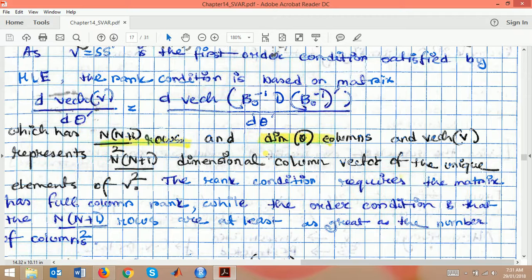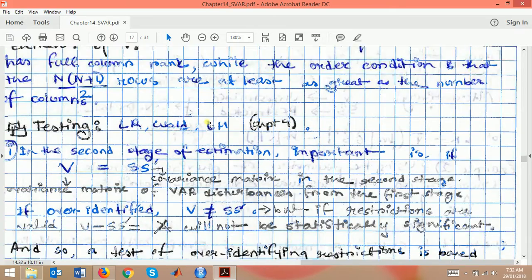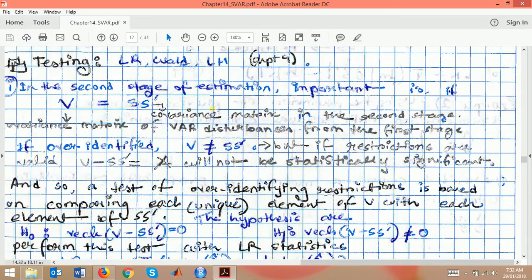You see, if you have number of rows and columns equal, that is square. But if you have more columns than rows, then there is something wrong. The rank will not hold. In case of a full column rank, you have more rows than columns. That's the common sense. LR, Wald and LM test.